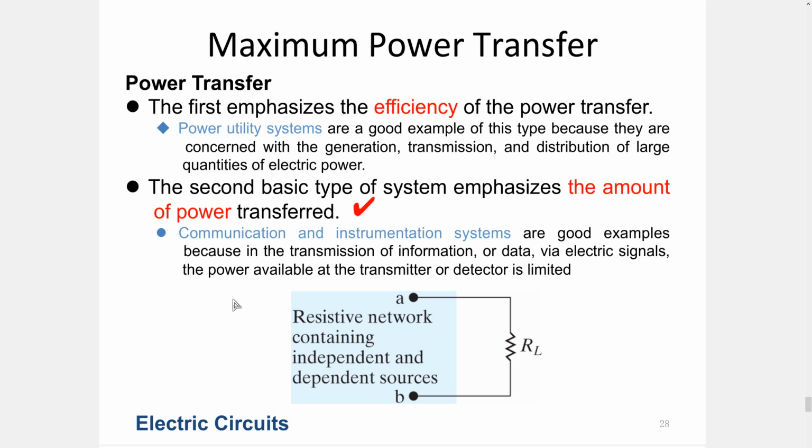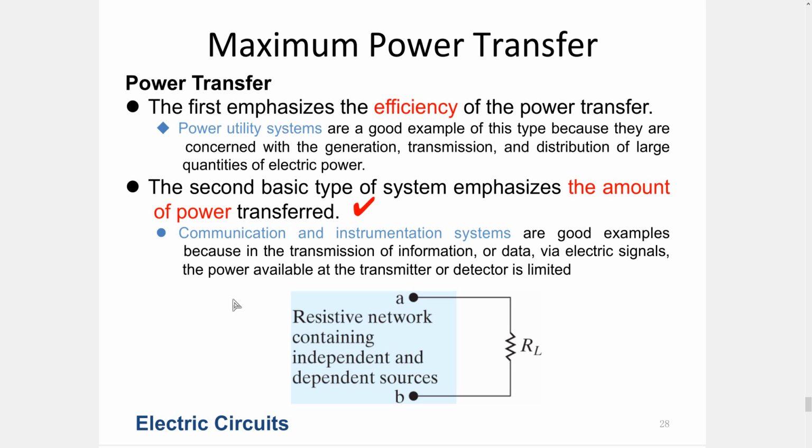Another scenario is not this big in scale, but there are lots of instruments that we use in daily life, like our radios, like our cellular phones, and when they are communicating, they again use power transmission, in terms of microwaves or high frequency sinusoidal signals. The problem is the same.